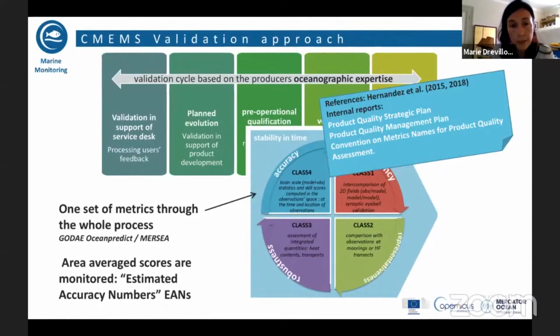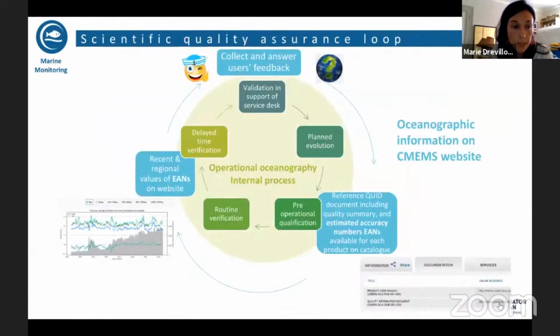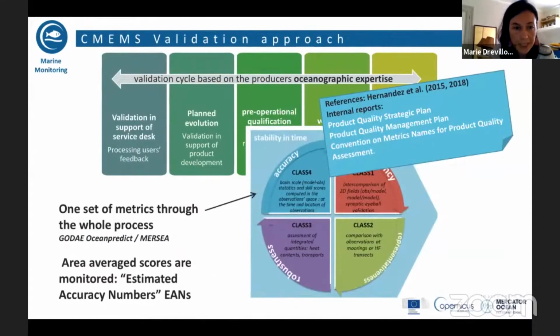And from the class 4 metrics, the last type, the accuracy metrics, we derive area average scores, which are monitored, and we call estimated accuracy numbers. Everything is published in papers or in internal reports.